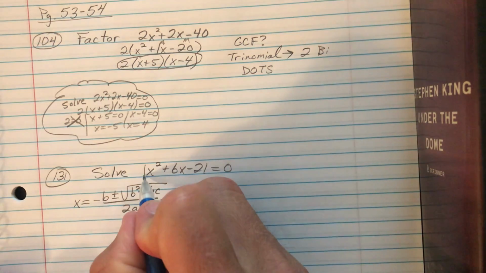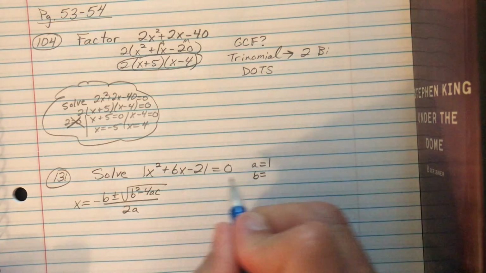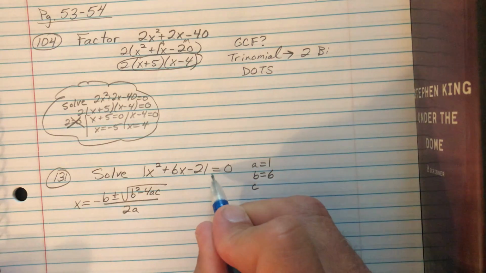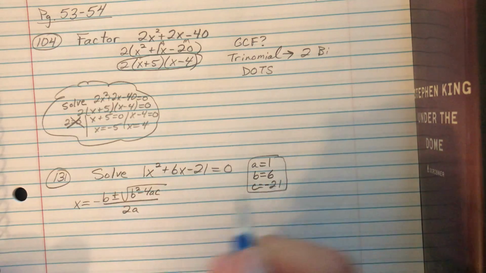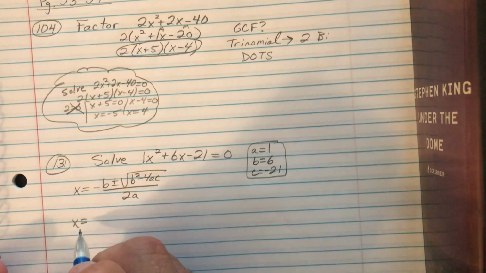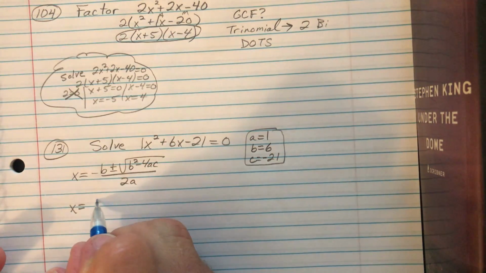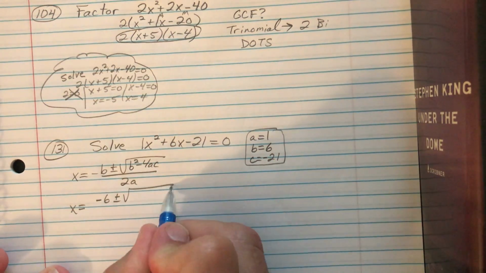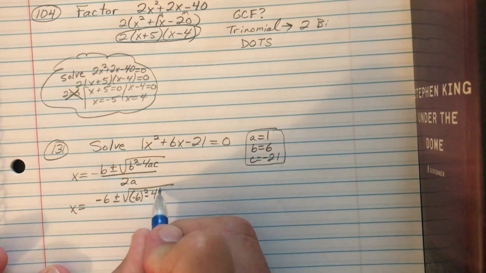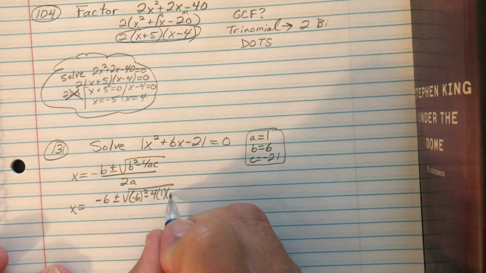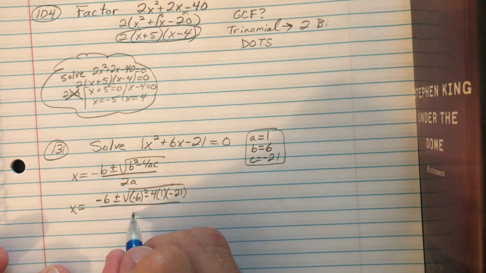A is the number in front of the x squared, which is 1. B is in front of the x, which is 6. And C is the constant, which is negative 21. So we arrive at negative 6 plus or minus the square root of negative 6 squared minus 4 times 1 times negative 21, all over 2 times 1.